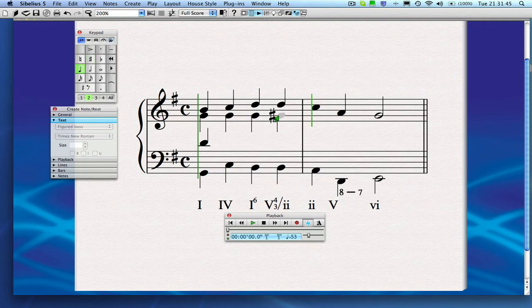So the altos get to go to G sharp, which is the leading tone to A. And now the next closest pitch is going to be F sharp. And F sharp is going to go to G. So at the end of this, both the alto and the soprano are singing G. Let's take a listen.